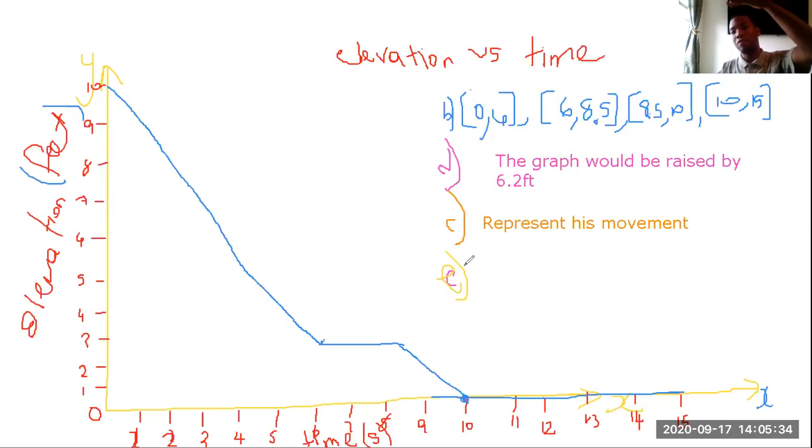So he was coming from the attic and he was coming down to the main floor. This time they're asking, what if the top of the ladder was at the main floor, right? And he was going down into the basement. How would the graph change? Do you think that'd be different?